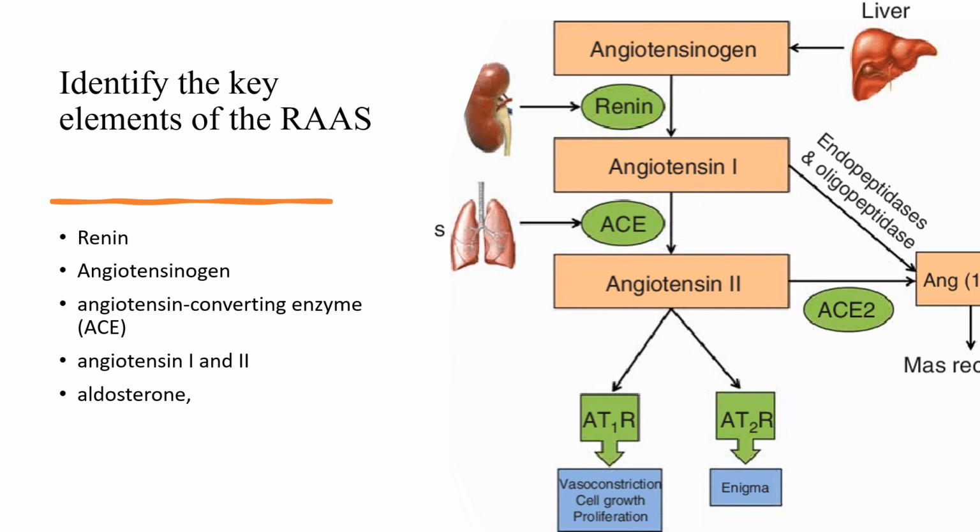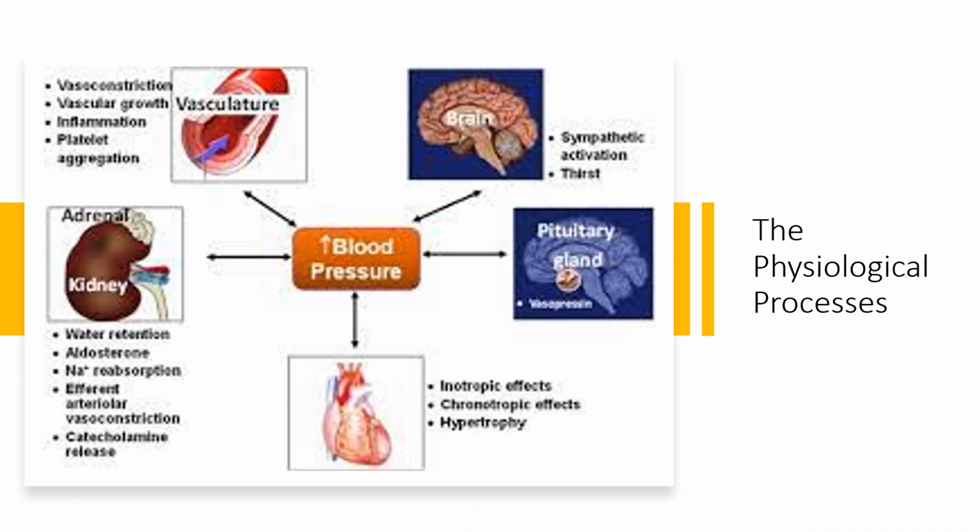Overall, the RAAS serves as a critical regulatory mechanism for maintaining blood pressure homeostasis. Understanding these key elements helps researchers develop targeted therapies that modulate different components of the RAAS to achieve optimal blood pressure control and prevent associated complications.